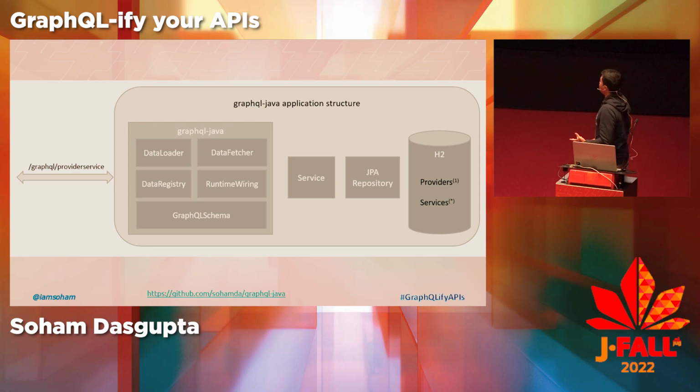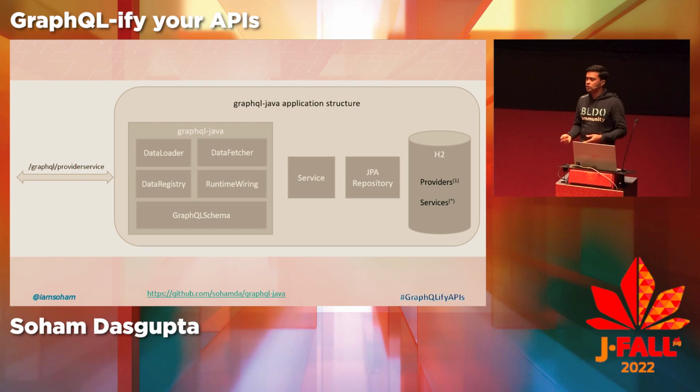How does it look when I create a GraphQL on top of it? Remember the first thing I said, you're keeping your infra the same. From service onwards, I'm not going to change anything in this application, and that is true for all the libraries I'm going to talk about. There's a lot happening in the front part, where GraphQL is exposing or aggregating the data. There's something called a data fetcher.